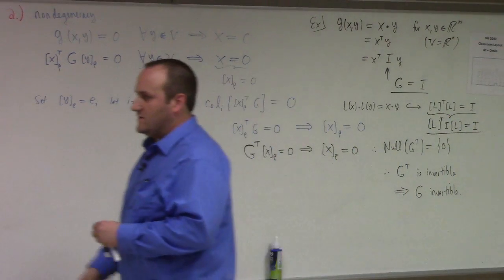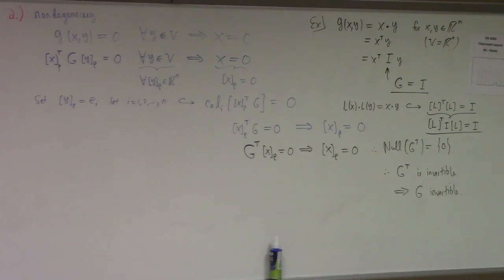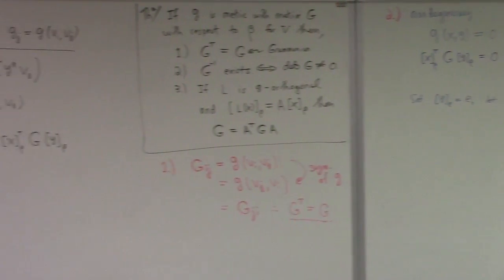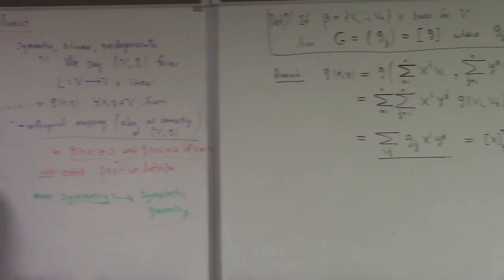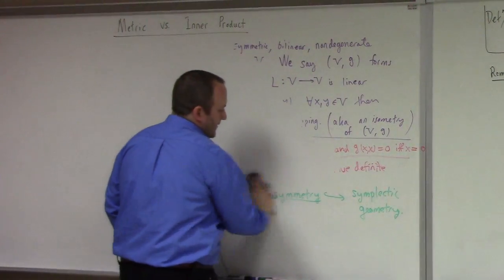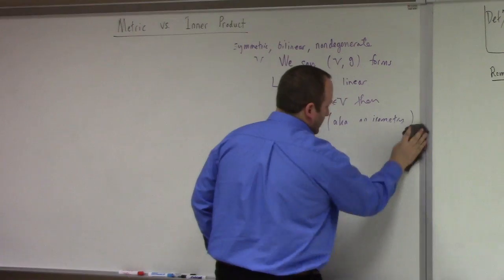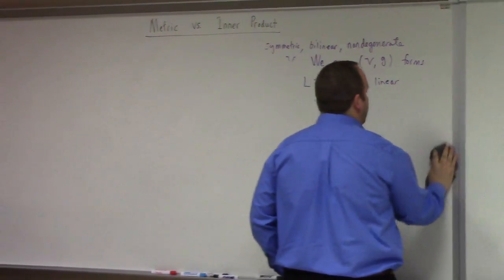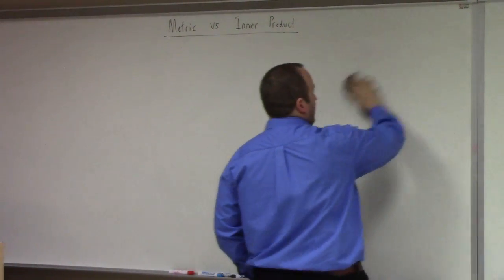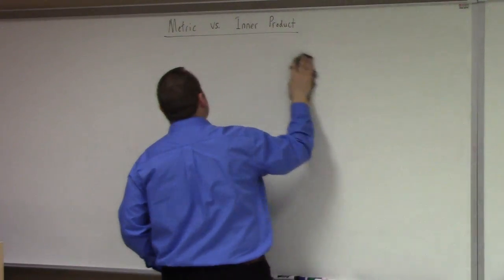A more exciting case would be the context of what's called Minkowski space. Minkowski space gives us an example of a geometry which is not a Euclidean geometry. The geometry which comes from an inner product is called Euclidean geometry.